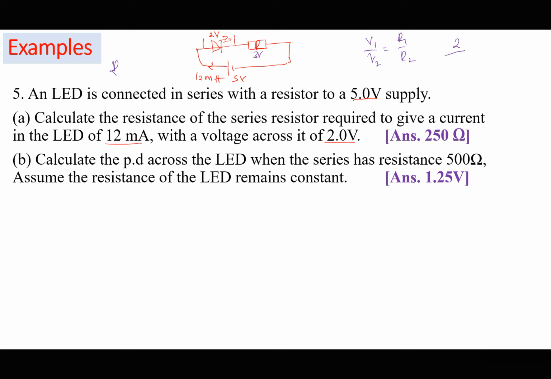Resistance for the LED, let me call it R1, is going to be equal to V over I, which will be 2 divided by 12 times 10 to the power of minus 3, because the current is in milliamperes, which would be equal to 500 divided by 3.